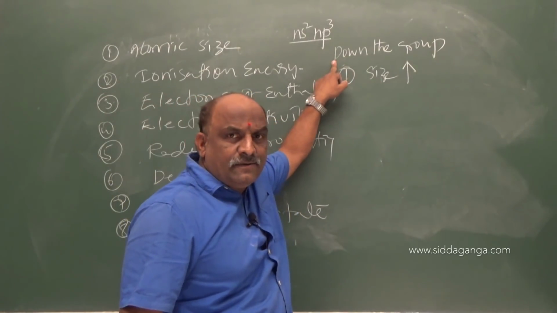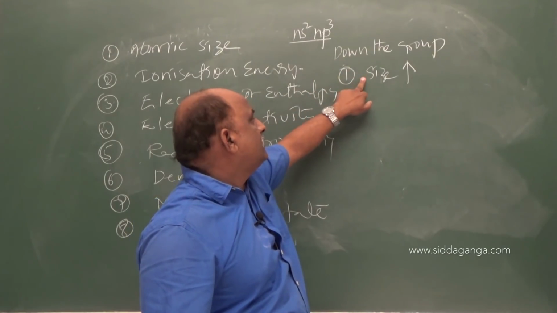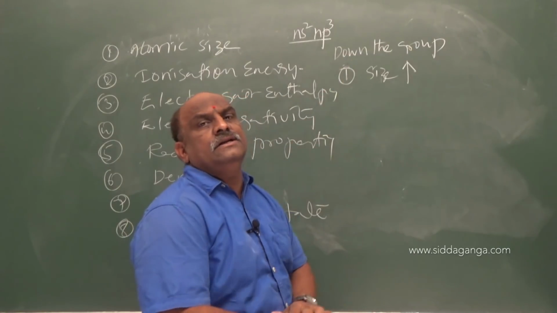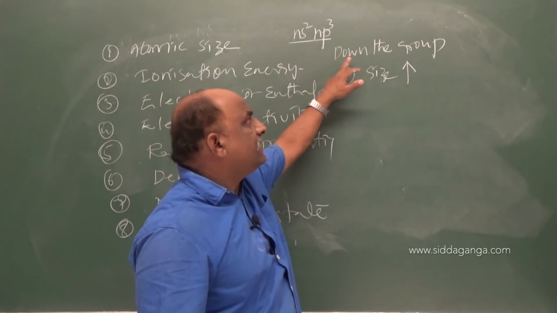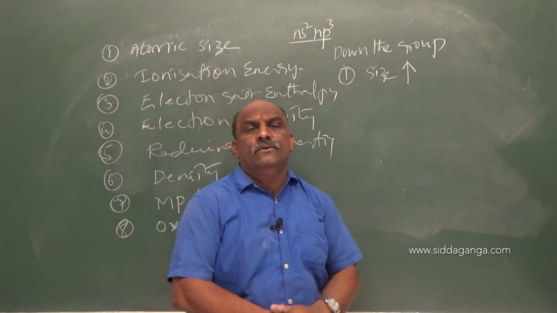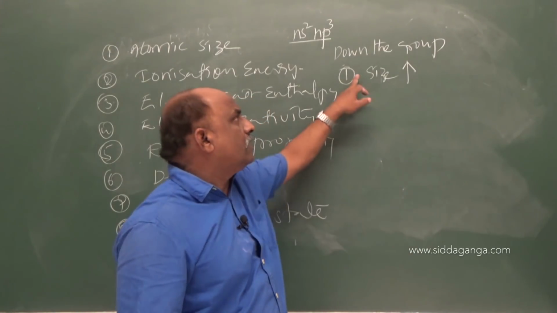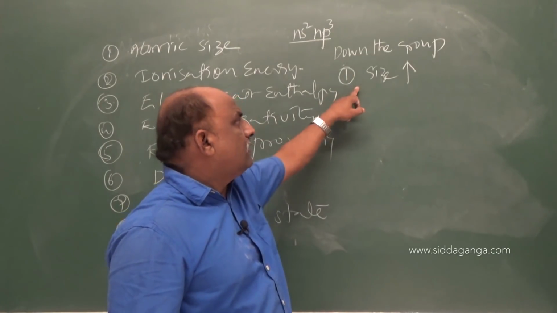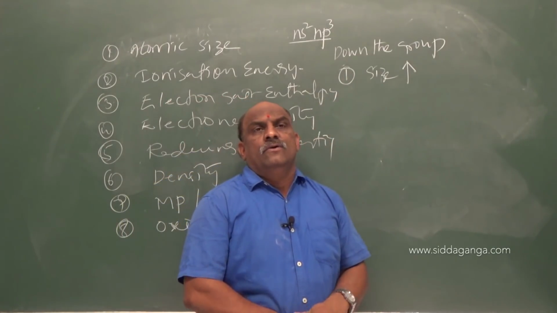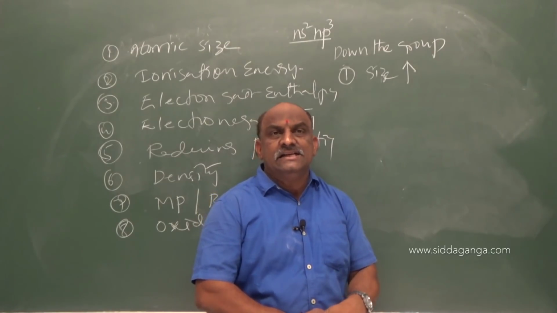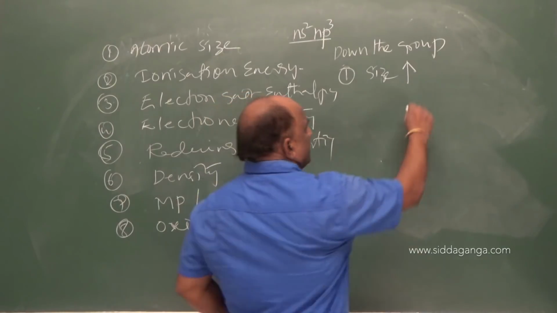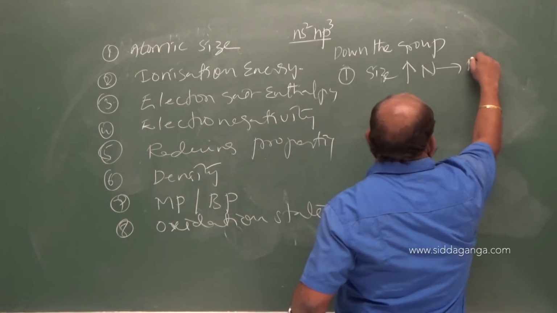What will be the reason? Down the group atomic size increases. The simple reason is that the differentiating electron enters into a new principal quantum number. Make a note, students, though all of you know this already. Why does the size increase in groups from top to bottom, nitrogen to bismuth?